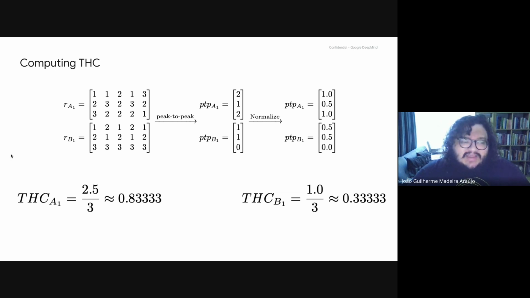Finally, to compute the THC, you take the average of these values, and then you have the THC for the hyperparameter A1. So 1 plus 0.5 plus 1, 2.5 over 3, that's 0.8333. And then for the hyperparameter B1, like imagine this would be learning rate and weight decay, something like that. It's 0.5 plus 0.5 plus 0 over 3. That's just 0.333.